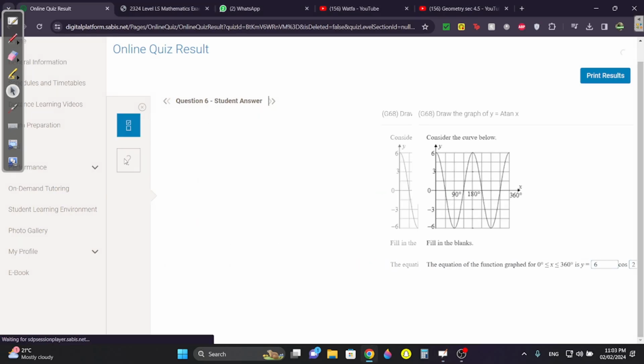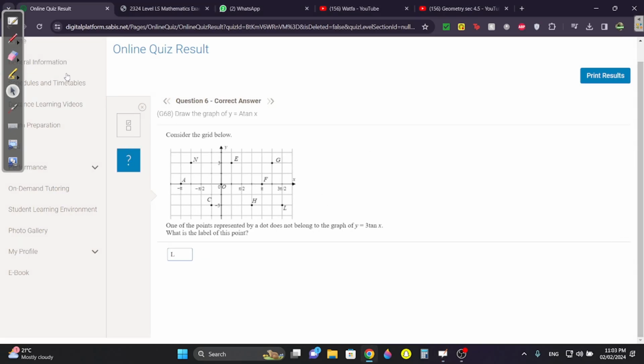Okay. Question 6. The graph of y equals 3 tan x. Basically, the tan function, in my opinion, is a bit trickier than sine and cosine, because it has an asymptote, and the asymptote for tan x is every 180 degrees.